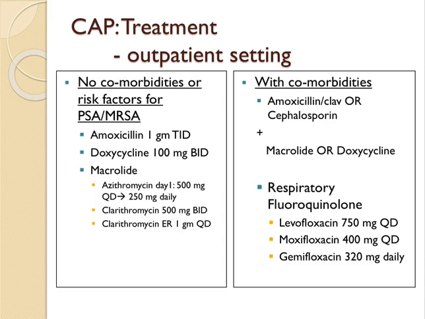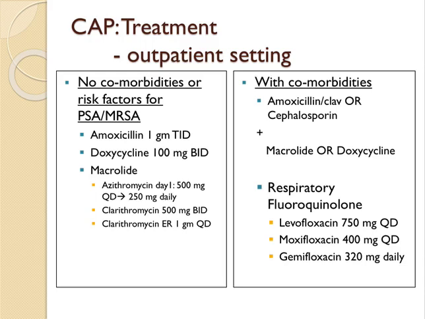In the patients with comorbidities, and I will show you the list of the comorbidities in the following slides, it is recommended that you use either a combination of amoxicillin clavulanate or cephalosporin combined either with a macrolide or doxycycline. Also, they list a respiratory fluoroquinolone as an appropriate option for the standard regimen.